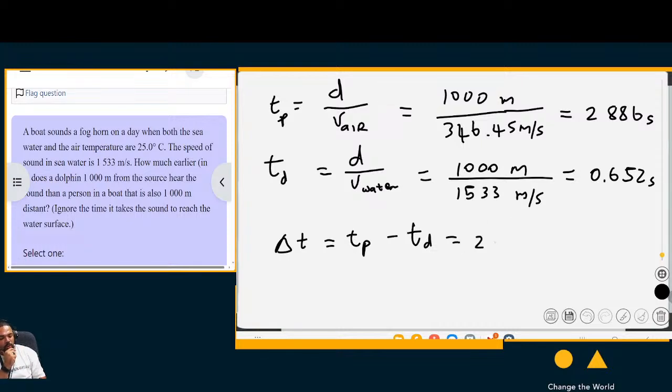So it will be 2.886 seconds minus 0.652 seconds, which gives us 2.234 seconds. Right? So it reaches the dolphin 2.2 seconds before it reaches the person.